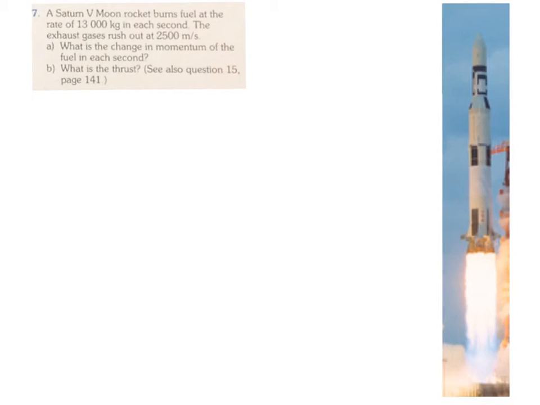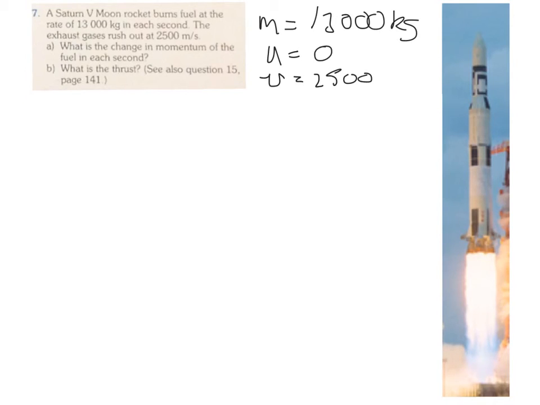So how do we find the change of momentum? Well, we have a mass here of 13,000 kilograms, and it's taken from an initial speed of nothing and brought up to a final speed of 2,500 meters per second.